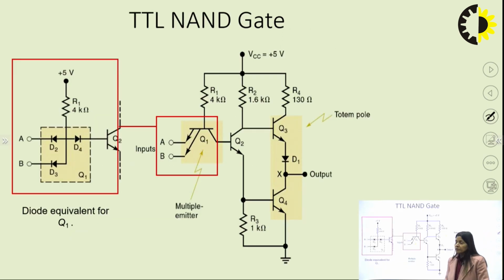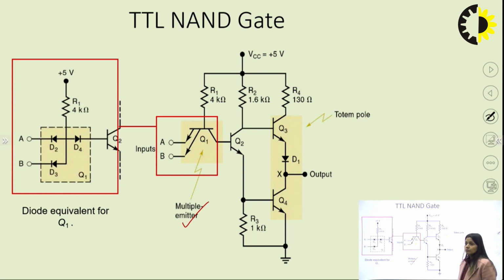There are two specialities of TTL logic families. We are using the multi-emitter concept, and the transistors are basically multi-emitter transistors. In this figure, I can see that the Q1 transistor is nothing but a multiple emitter transistor, right?